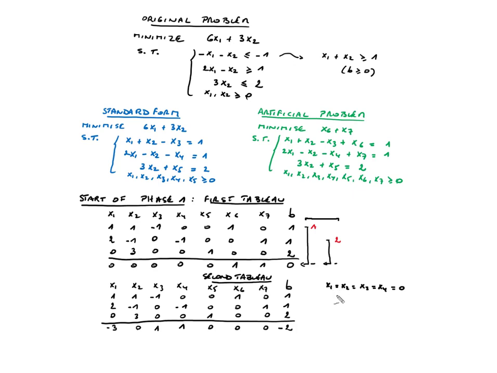These are the non-basic variables, and you can see here that x5 is equal to 2, x6 is equal to 1, and x7 is equal to 1 as well. You can read this from the second tableau. And you can see that indeed the cost is the opposite of this value, 2, and indeed if you have x6 equal to 1 and x7 equal to 1, then the sum leads to 2.